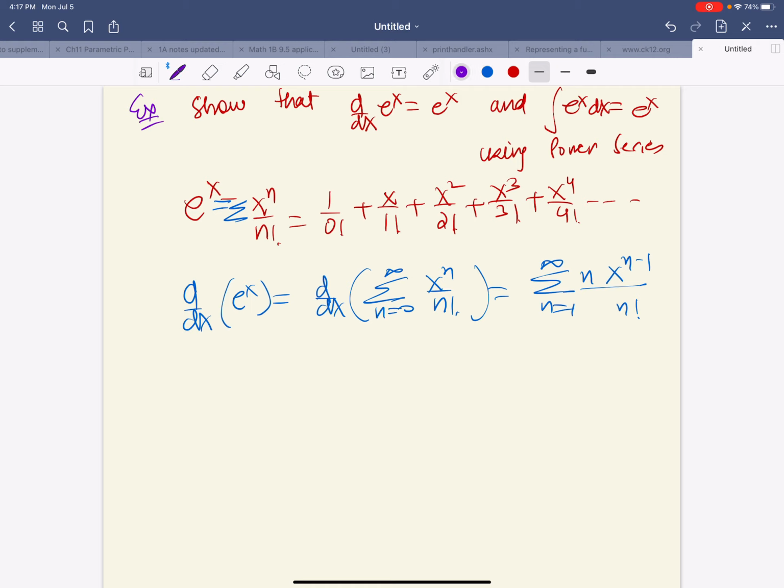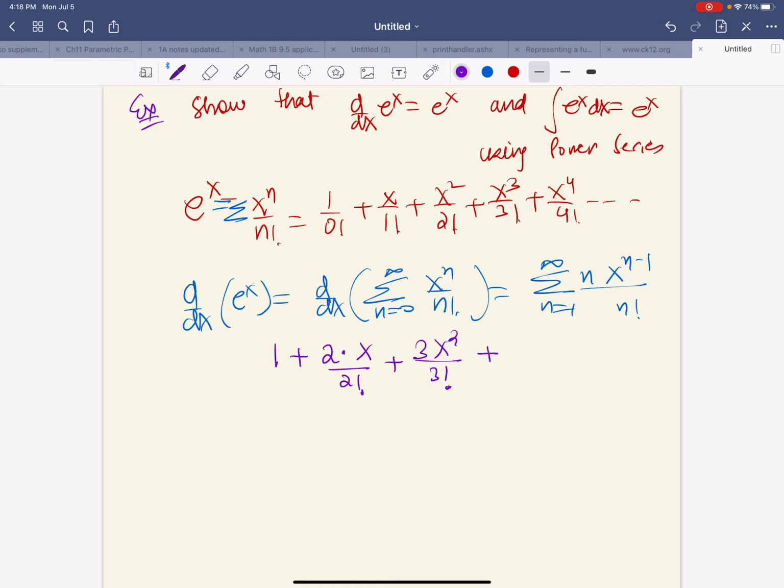And let's expand the terms for this derivative and see what they turn out to be. When n is 1, I would have 1, x to the power 0 would be 1, plus when n is 2, I would have 2 times x to the power 2 minus 1, which is 1, over 2 factorial. When n is 3, I would have 3 times x to the second power over 3 factorial.